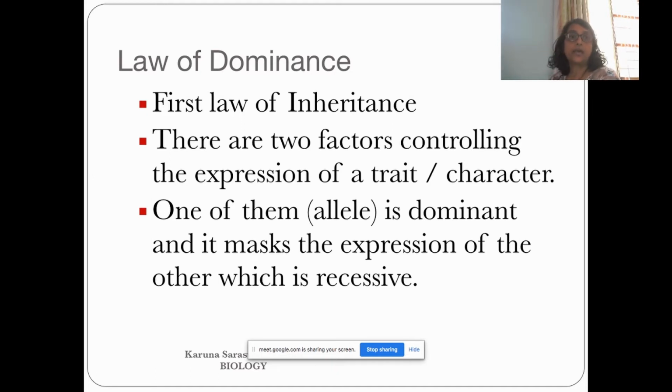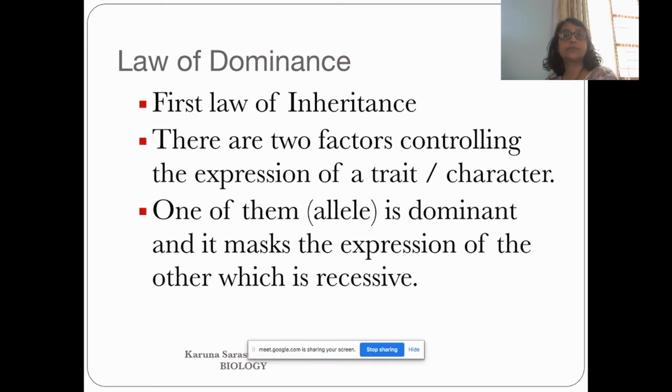So first we have the law of dominance. The first law of inheritance is the law of dominance. There are two factors according to Mendel inside the nucleus which are responsible for the transmission of characters from parent to progeny. These two factors, he said, are in the form of alleles.